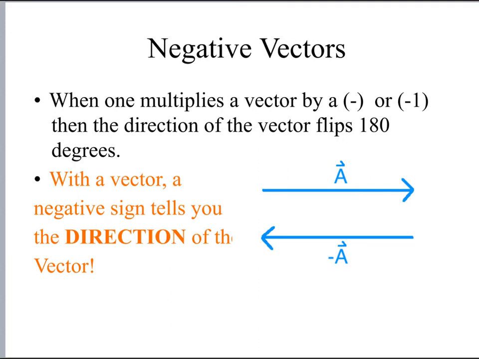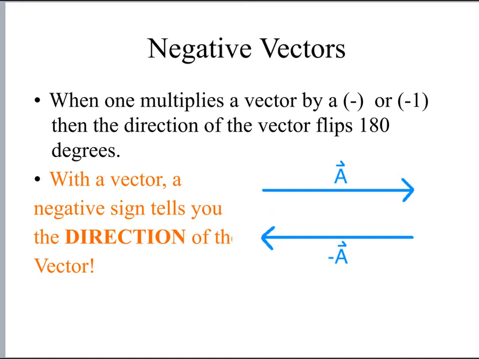Now, there's one exception to this idea that multiplying by a scalar doesn't change direction. If you multiply a vector by a minus sign, or that's equivalent to multiplying it by -1, you flip the vector 180 degrees. And so here we have a vector A, and here I have the vector minus A. Now notice these have the same length because the magnitude hasn't changed. I've just multiplied the length by 1, but I've multiplied it by -1, so that changes the direction.